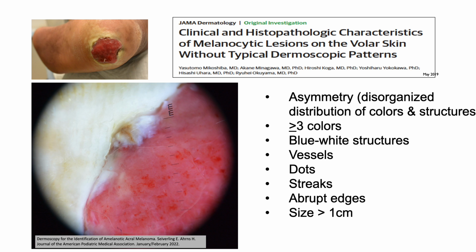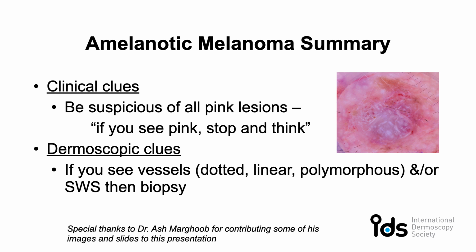So acromelanoma can also be amelanotic, and be on alert if you see many vessels, ulceration, and if something is large in size. Any acral growth that's greater than a centimeter and ulcerated should raise a red flag for skin cancer.